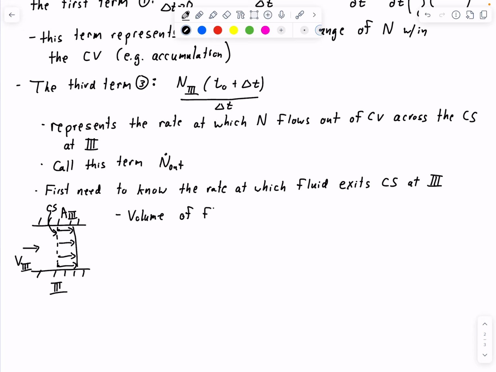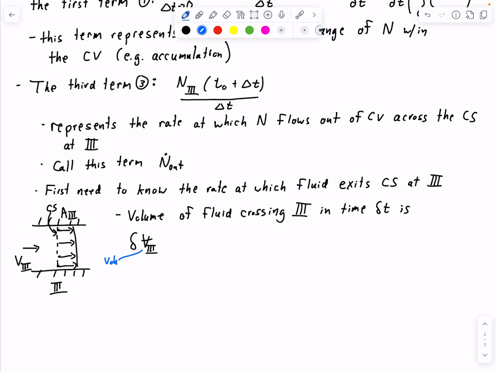And the volume of the fluid which is crossing this surface 3 in some amount of time delta t is given by delta V3, where again the cross mark through the V indicates volume.